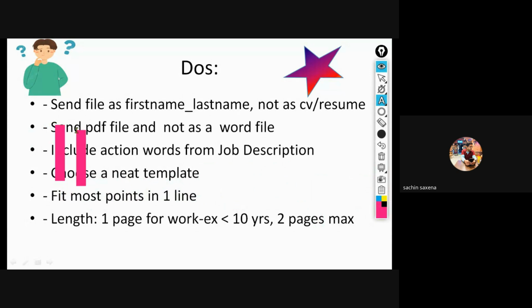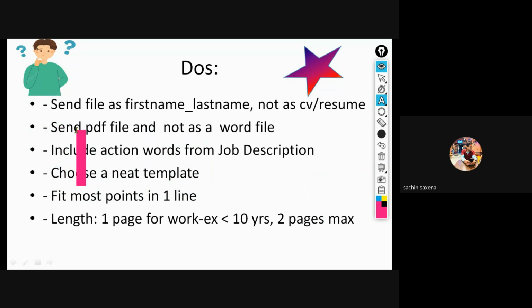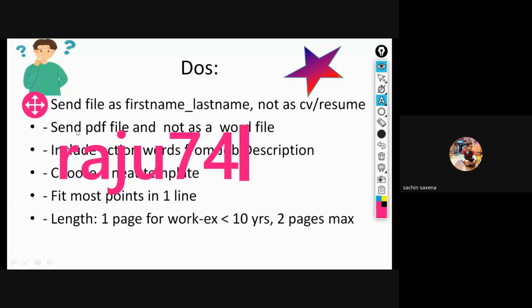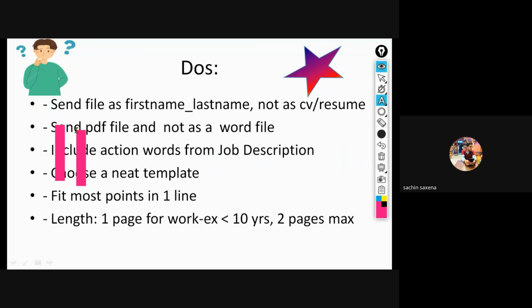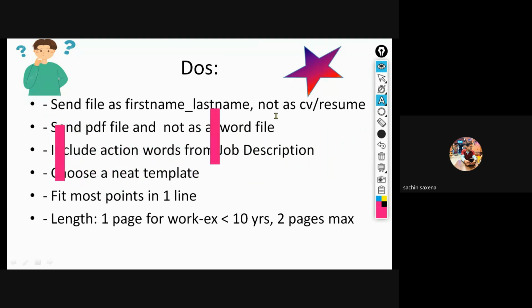So if you go down here, for example, if my name is some random Raju, then Raju74.pdf, I'm just forwarding to my HR. That's very poor practice. What's the proper way? Just write your first name, Sachin, and then your last name, Saxena: Sachin underscore Saxena.